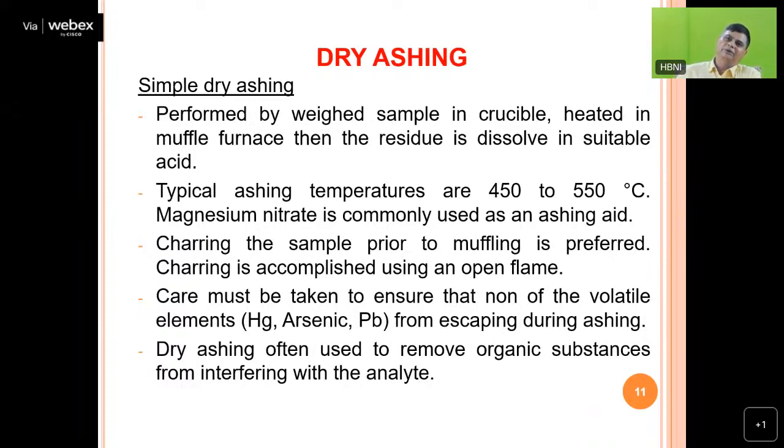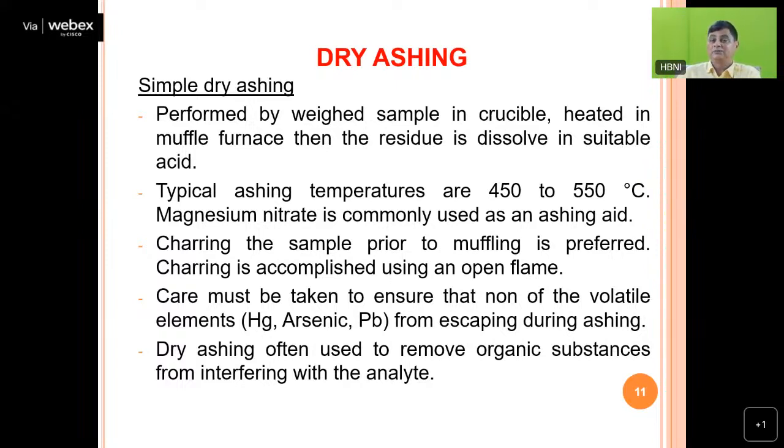If your sample is highly organic in nature, then you should not simply put your sample in the muffle furnace, because otherwise there will be a lot of black fumes, and if it is not properly ventilated, the room will get suffocated. So before putting the sample into the furnace, we do open charring, which means we burn the sample in an open flame, and only then put it into the furnace.